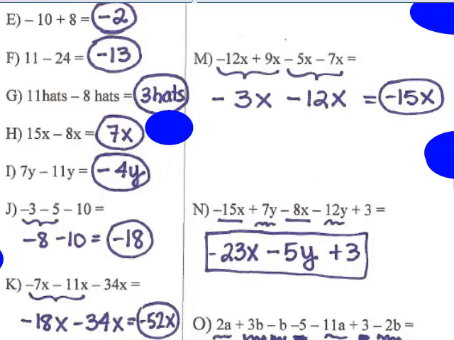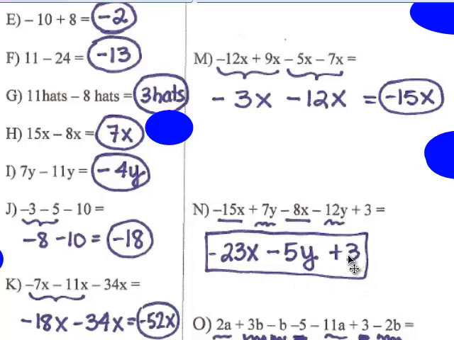We're going to talk more about that later, but remember, if you get a whole number as an answer, just a plain number, that's evaluating. And if you're combining like terms, you're simplifying the expression. You're making this expression that has 4 terms into one that has only 1. Here I have 5 terms and I simplified it into 3 terms.